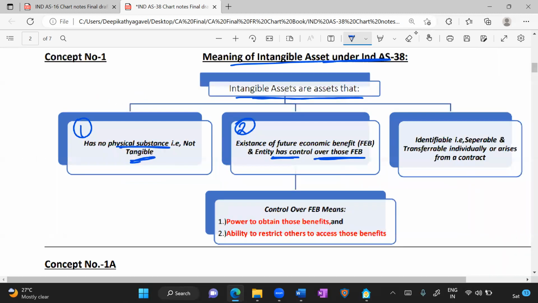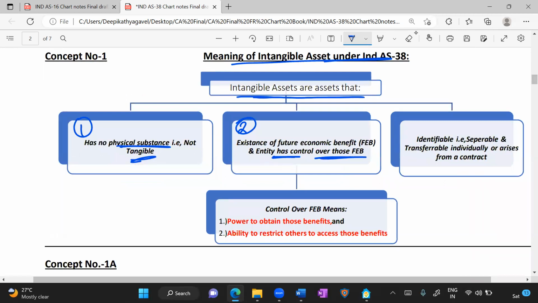The standard says that control over the future economic benefit means the entity should have the power to obtain benefits from that particular intangible asset, and the entity should also have the ability to restrict others from taking any benefit from that asset.